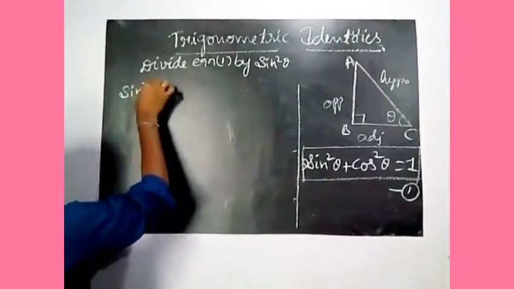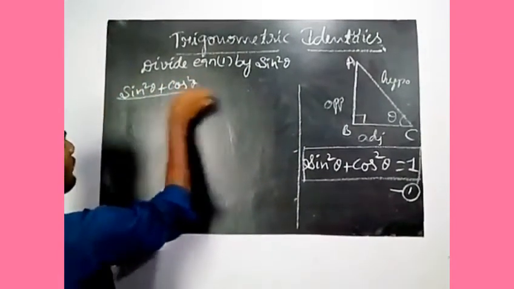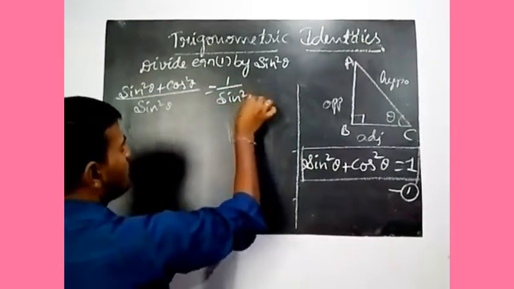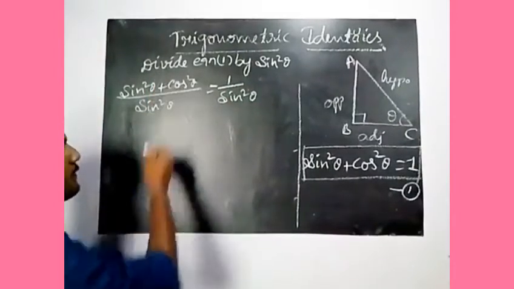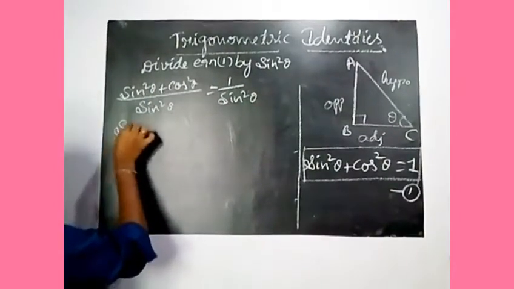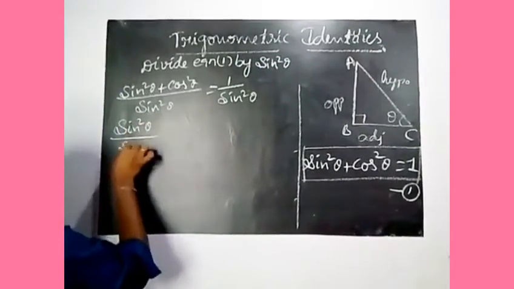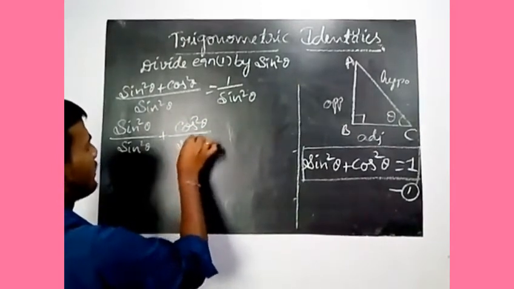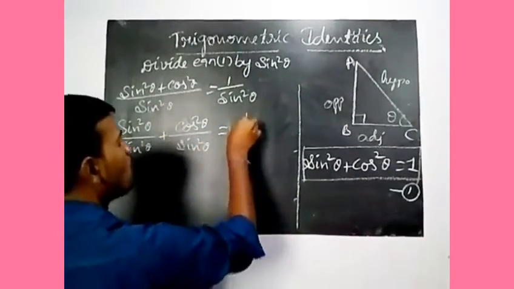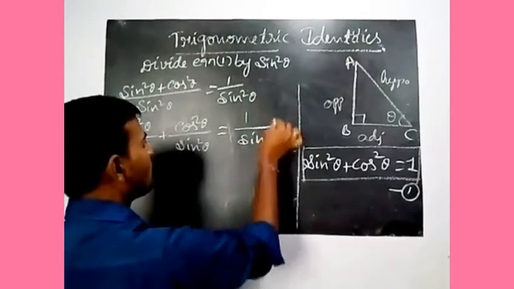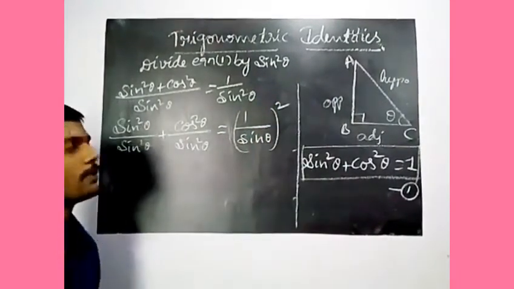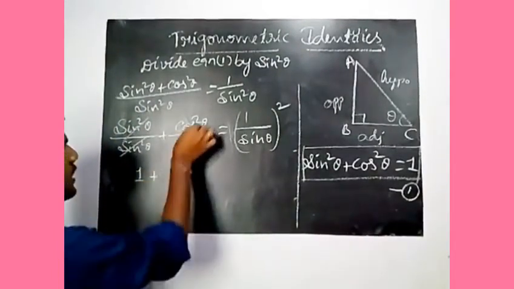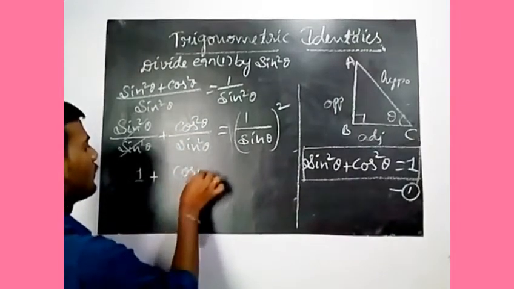Sin square theta plus cos square theta all divided by sin square theta is equal to 1 over sin square theta. Now split up the terms on the left hand side: sin square theta by sin square theta plus cos square theta by sin square theta is equal to 1 over sin theta whole square. Here sin square theta cancels, so it becomes 1 plus cos theta by sin theta whole square.